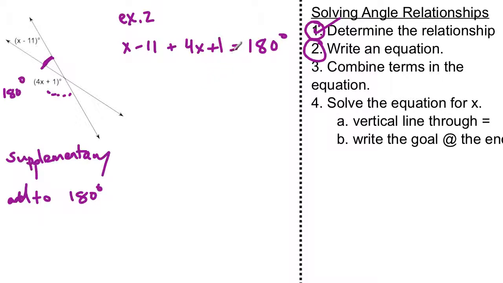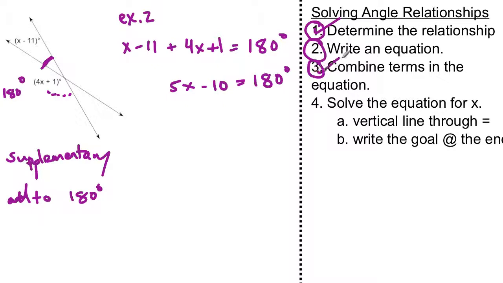Now we need to combine the terms in the equation. We have 1x here and 4x here, or 5x, and negative 11 here and 1 here, so minus 10. So 5x minus 10 equals 180.